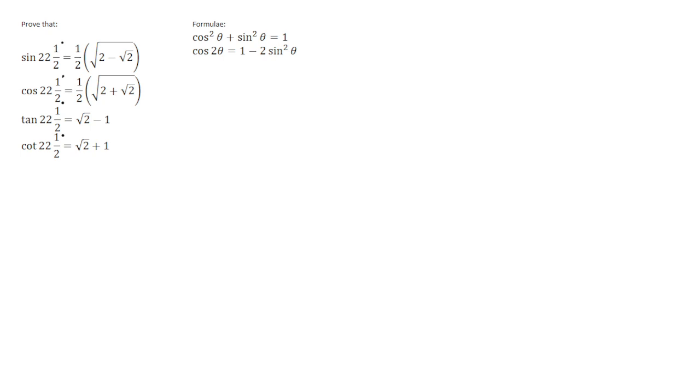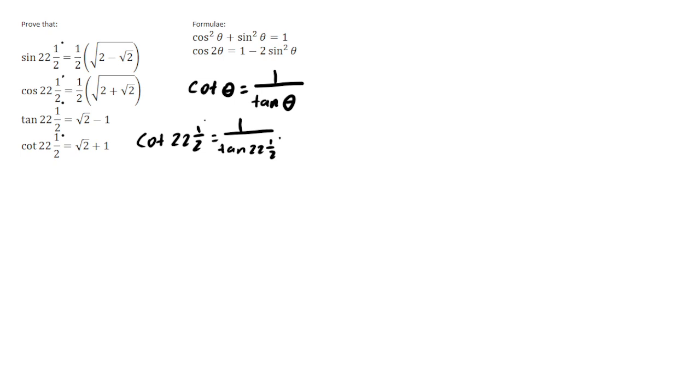We know that cot theta is 1 over tan theta. And as we've done previously, we'll replace the theta with 22.5. So cot 22.5 is equal to 1 over tan 22.5.